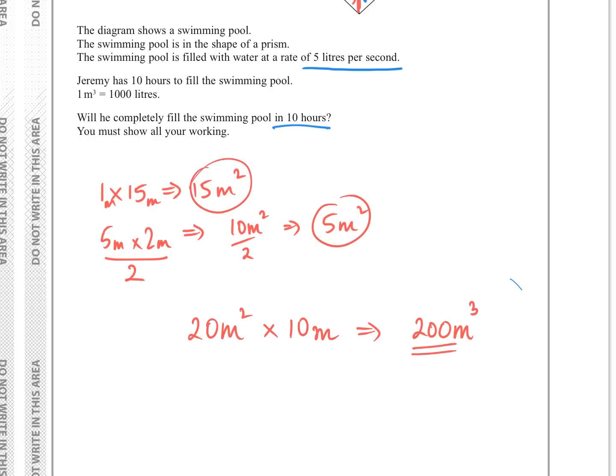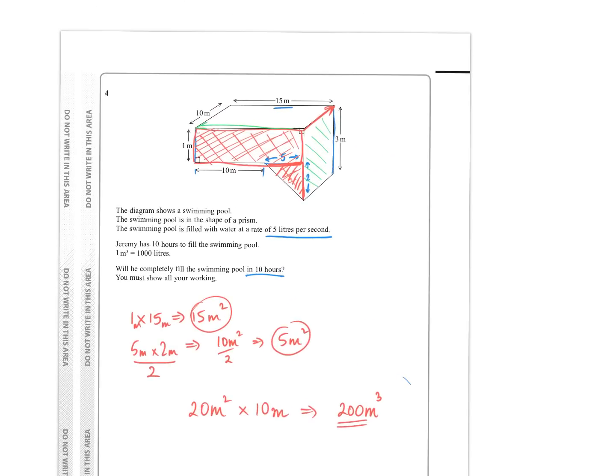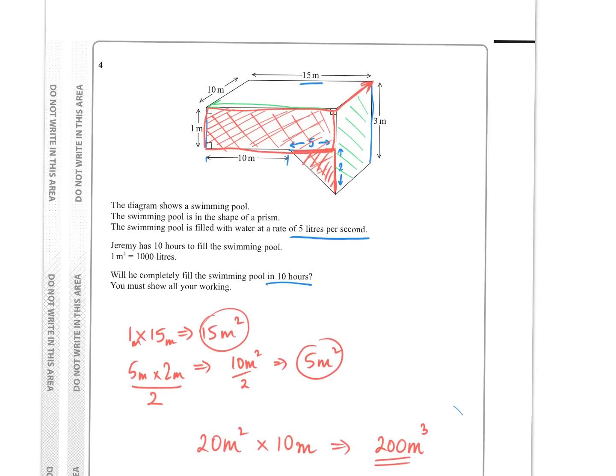So let's look back at our diagram so we're completely safe with this stuff, so we know what's going on. I found the area of this part here, the area of this part here, added those two areas together, and then multiplied it by the length that I need to push back to create the uniform prism. So that's 200 metre cubes.